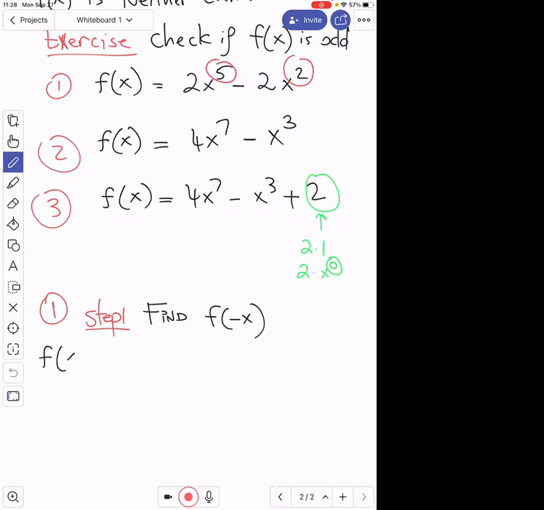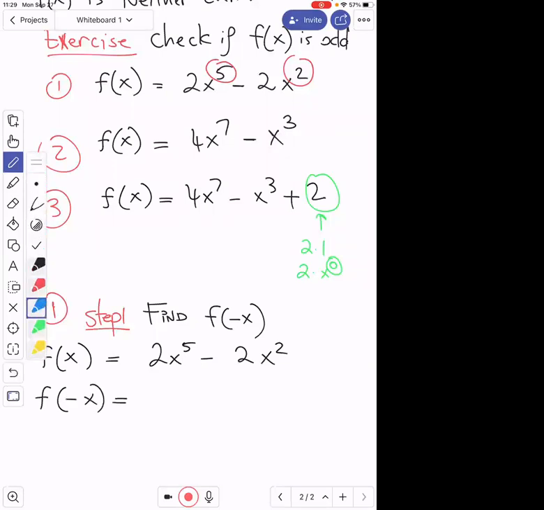All right, so let me write down f of x, which is 2x^5 minus 2x squared. Now, f of minus x: x is gonna be minus x. So this x right here is gonna be minus x, and this x right here is gonna be minus x.